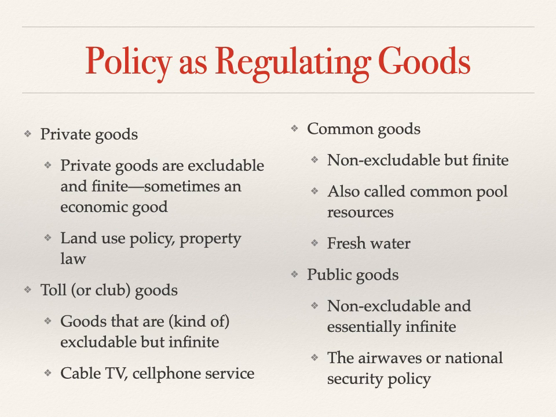Things like cable TV are a good example of this, right? If I don't pay my cable bill, my cable gets turned off. So it's excludable, but it is infinite. Just because I have cable doesn't mean you can't have cable, right? My watching cable in no way affects your ability to watch it.